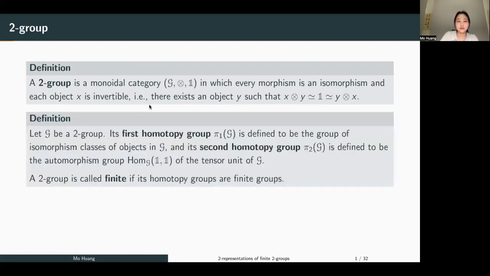We say a two group is finite if its homotopy groups are finite groups. Let G be a two group.